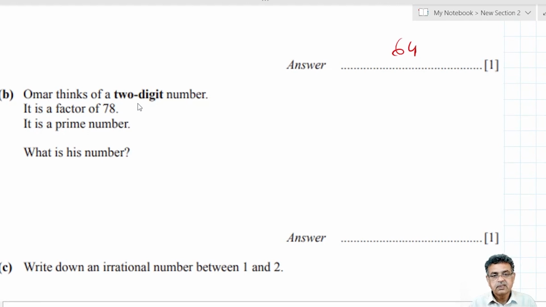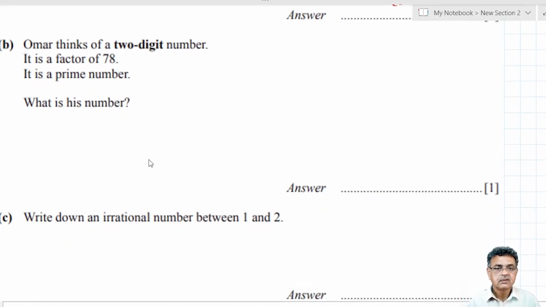Okay, Omar thinks of a two-digit number. It is a factor of 78. It is a prime number. What is the number? Two-digit number, a factor of 78, and a prime number.